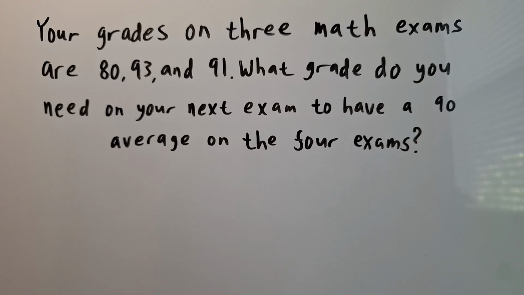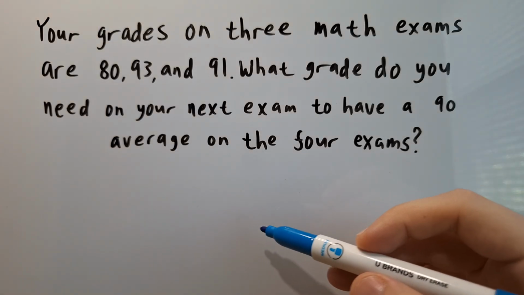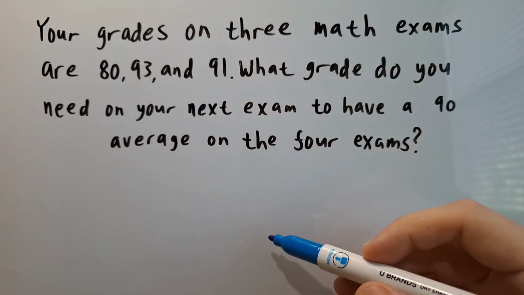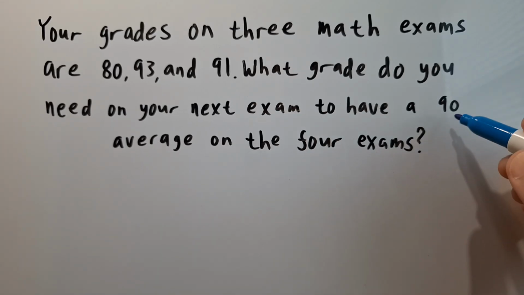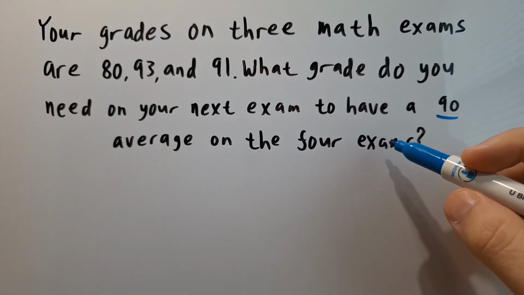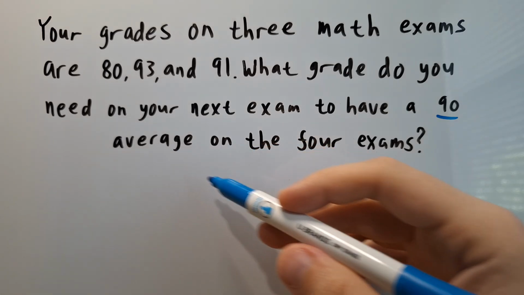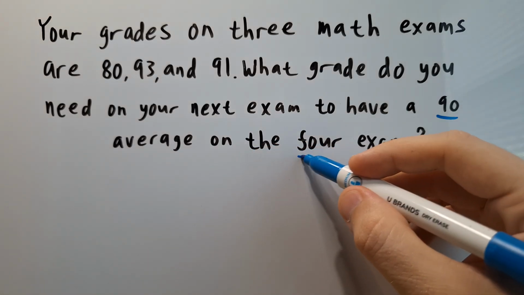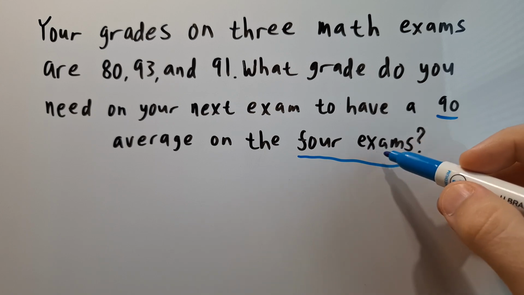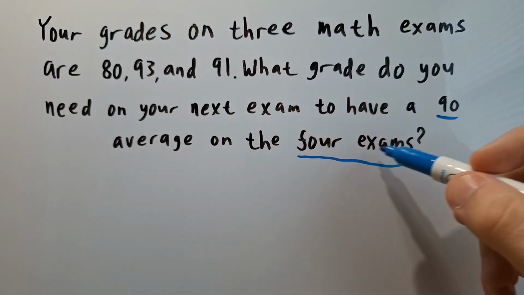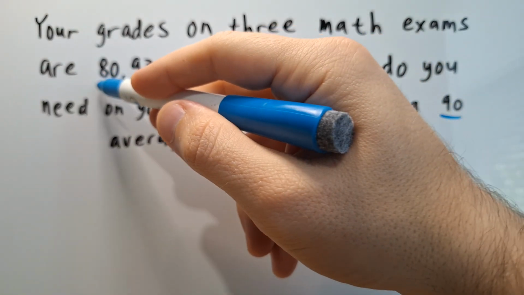So we are going to use the mean calculation, but we're going to use a slight modification of it because we already have the mean. We want to have a 90 average. We now know that there will be 4 exams in total, so that's the total number of data values. And we know 3 of those 4 values, and those 3 values are right here.